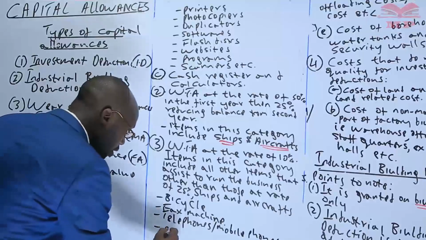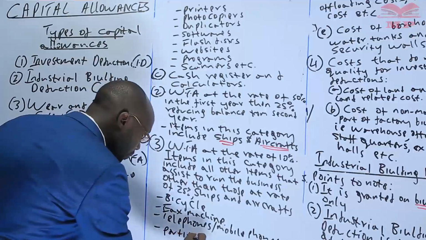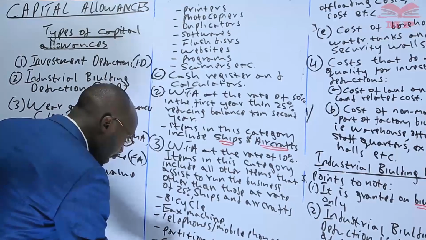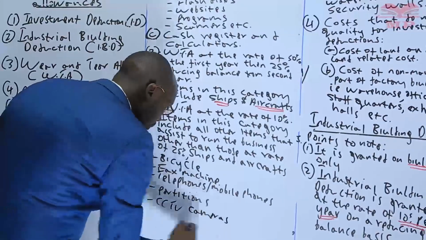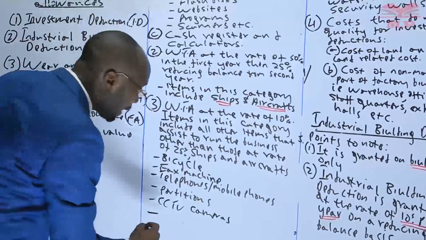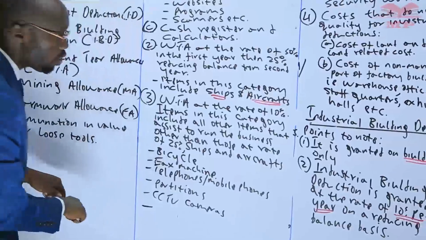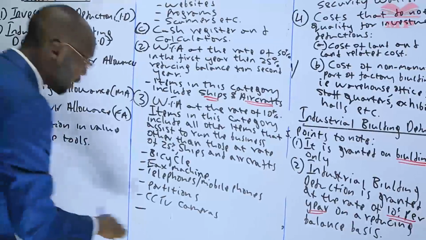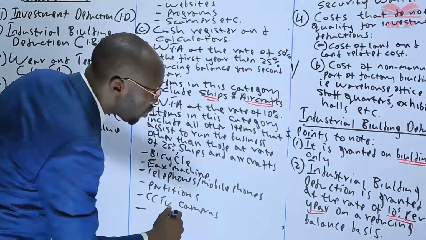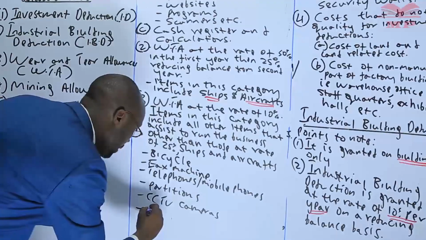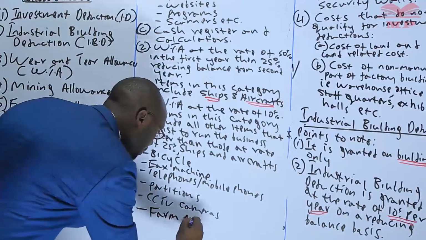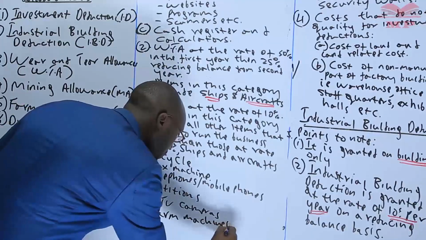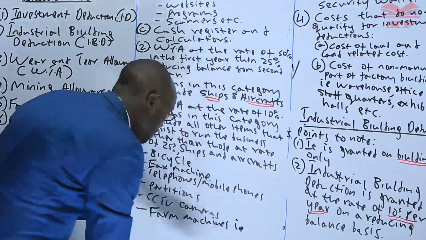We have partitions, CCTV cameras. We also have the milking machine, or we call them farm machine, i.e. milking machines.